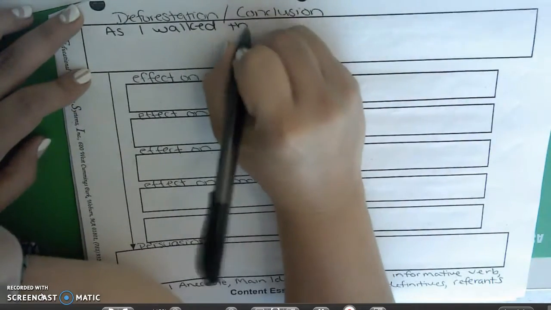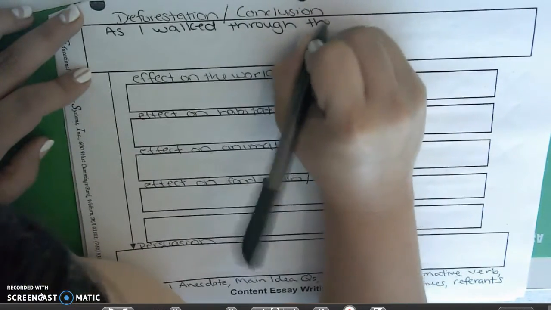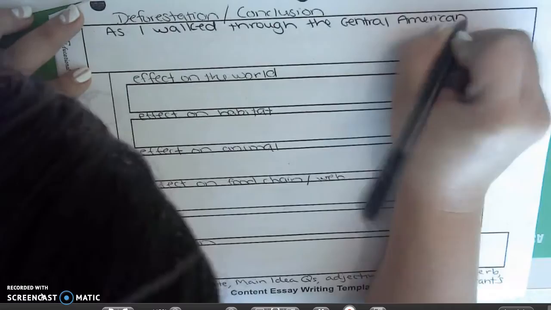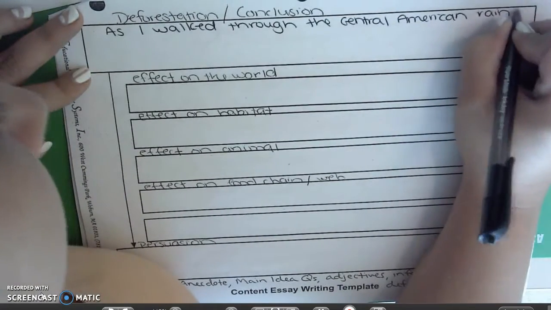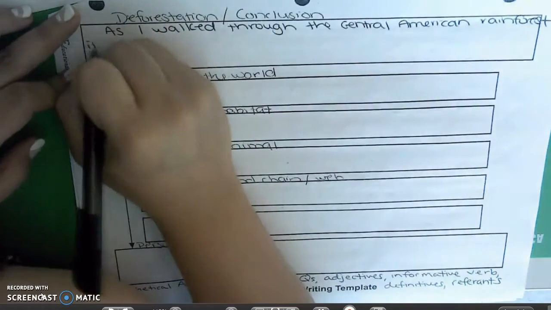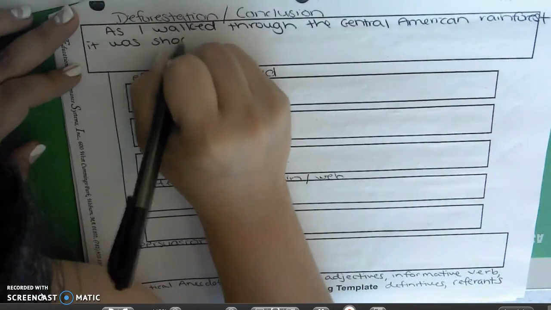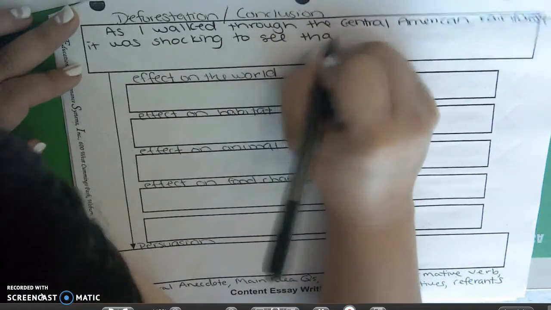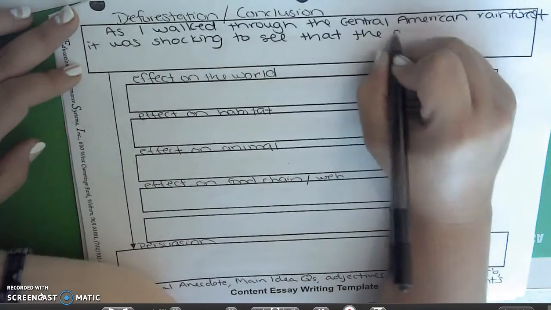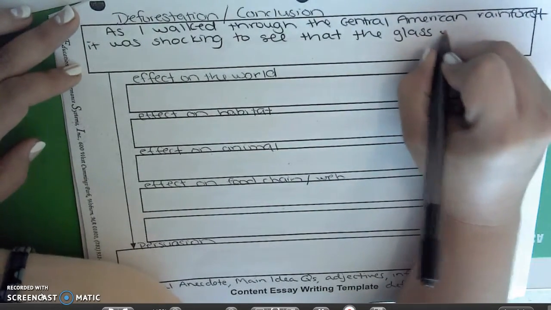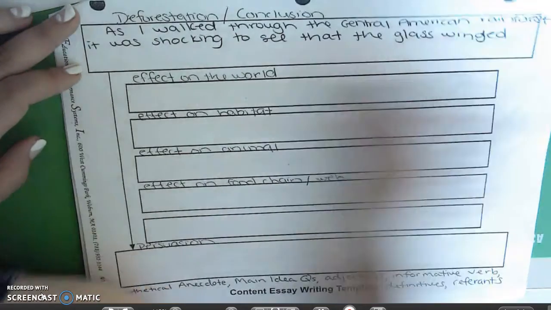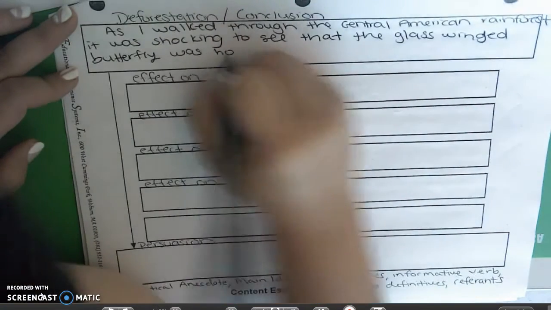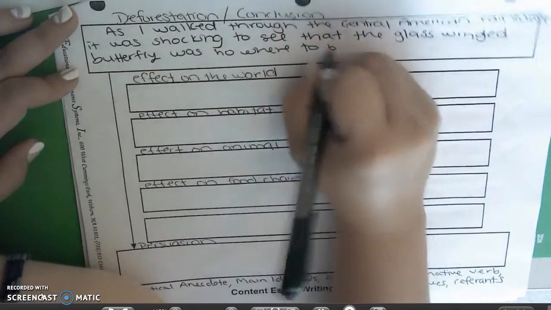As I walked through the Central American rainforest, it was shocking to see that the glass-winged butterfly was nowhere to be found!